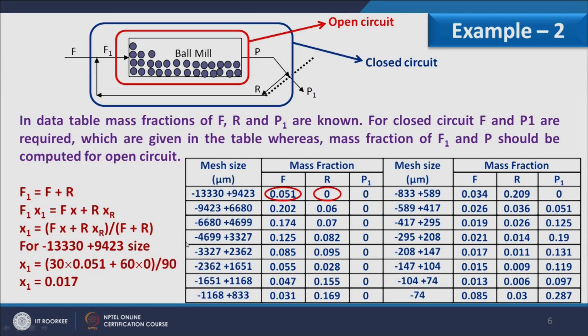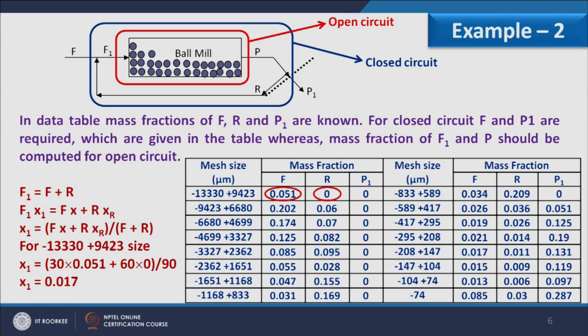So, here, first of all we have to complete the data for computation. Now, what is left in the data table which is given to us? In this data table, mass fractions of F, R and P1 are shown. For the closed circuit, F is the feed and P1 is the product, and here I have the fractions of F as well as P1.